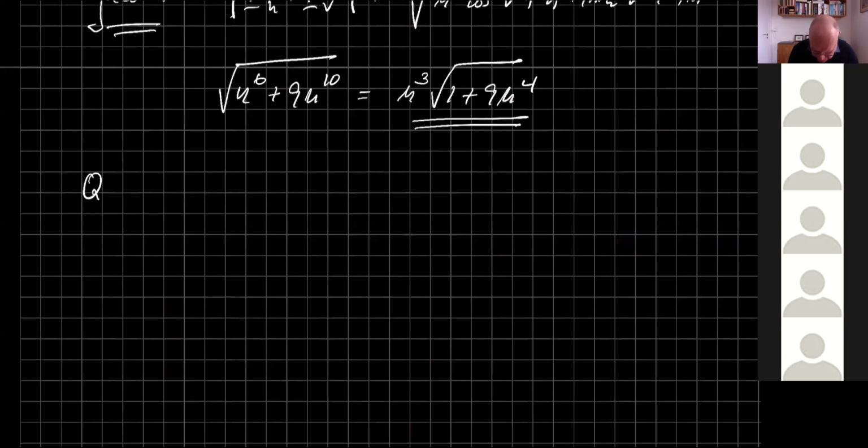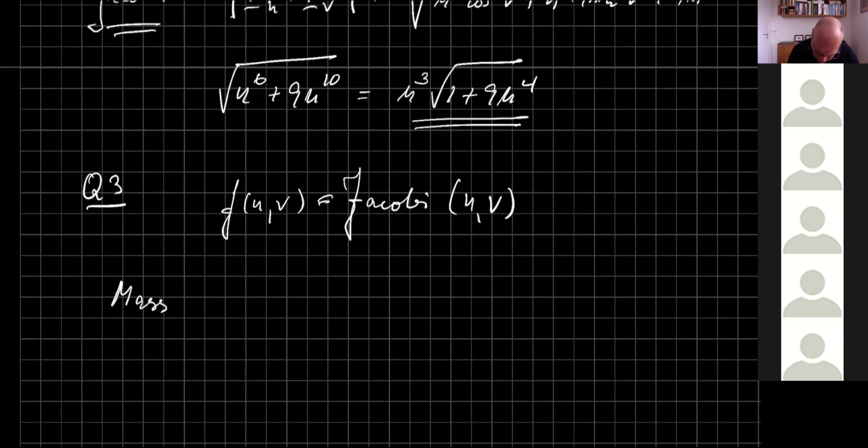So question 3, you have this mass density, and this is the Jacobi, and this means that the total mass will then be the integral from 0 to a.